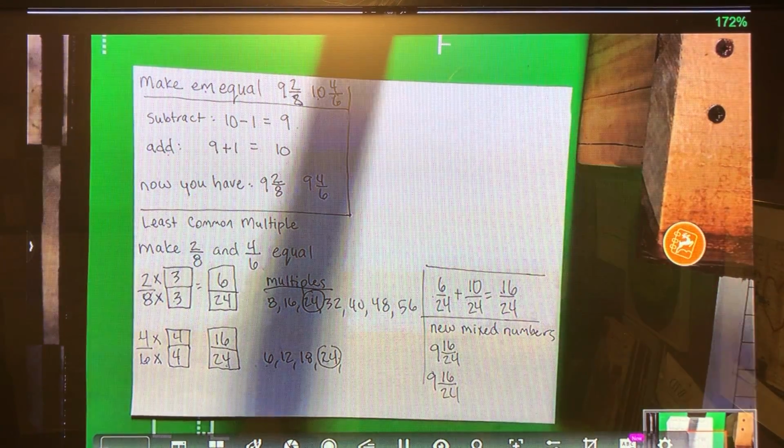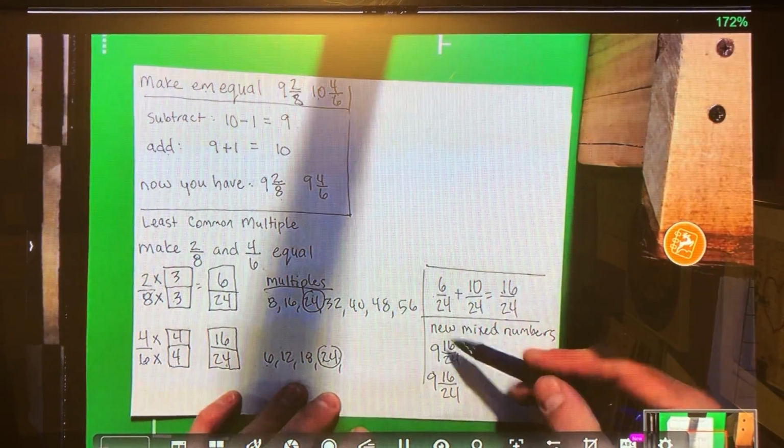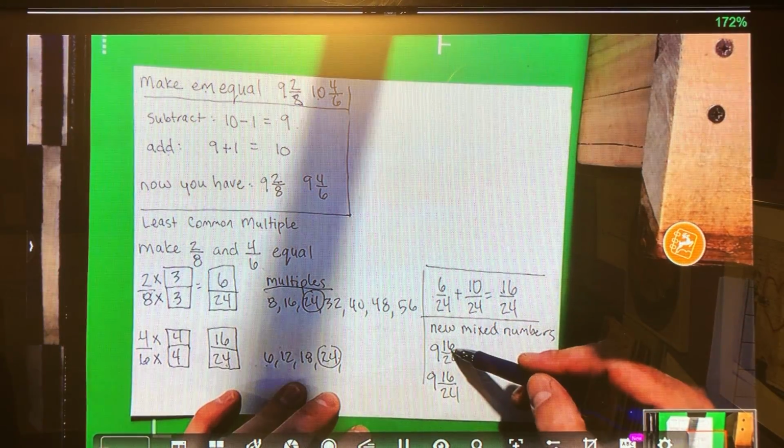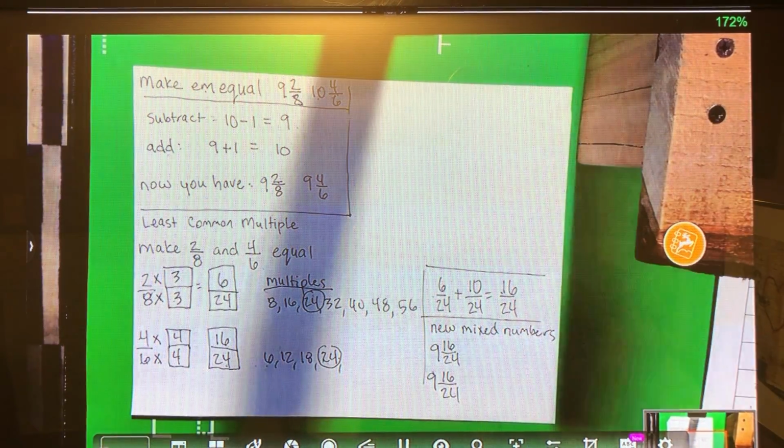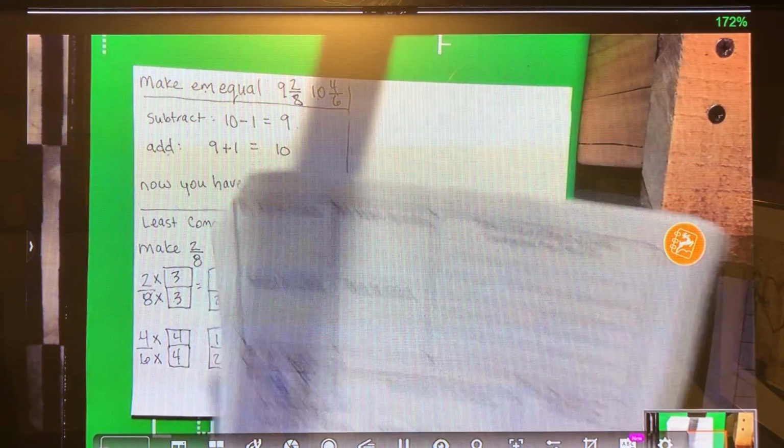Now, the last bit, okay, is to make sure, and it doesn't tell you to do this in your directions, okay? I get it.